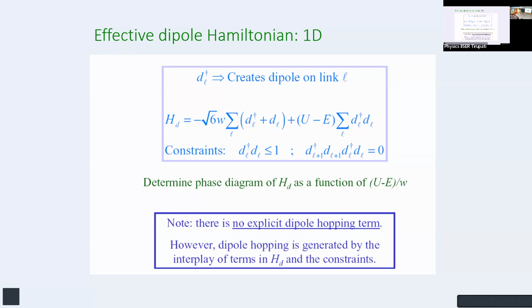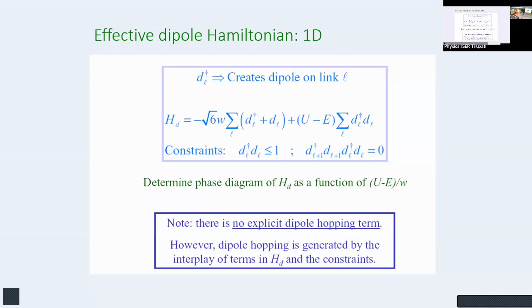So this pair of hole and boson is a dipole, and this process costs energy U minus E. You pay an extra energy U because this boson goes and sits on top of the other boson, and you gain an energy E because there is an electric field in this direction. This can still be a small number because we are in the limit of U close to E.